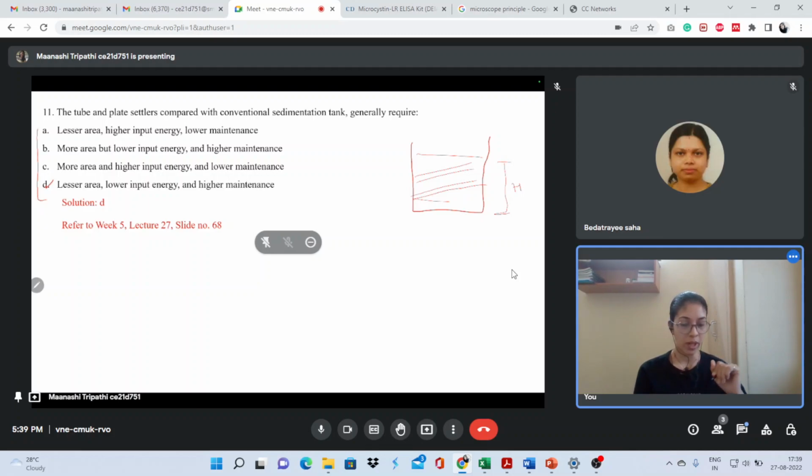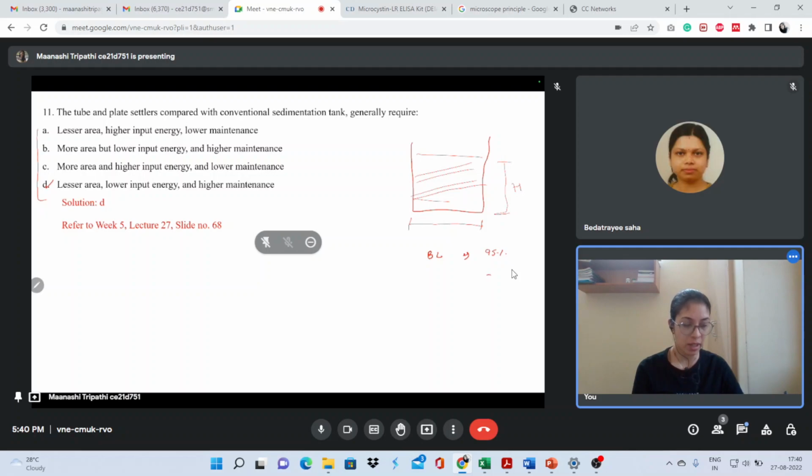See, what happens? Our conventional sedimentation tank is treating this big area. When we use plate settlers, suppose the treatment efficiency is 95%.